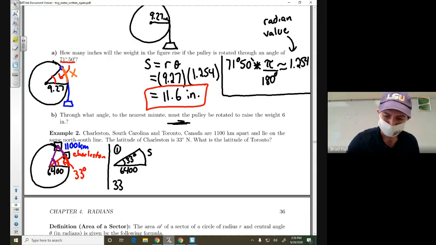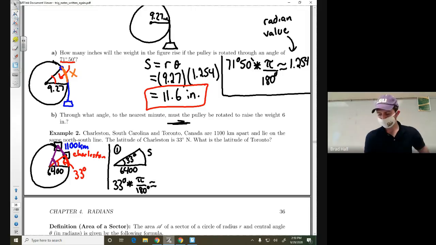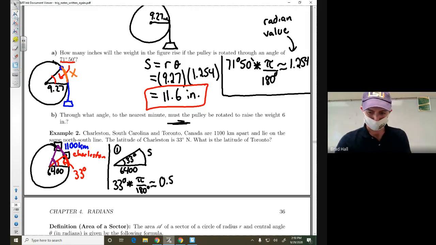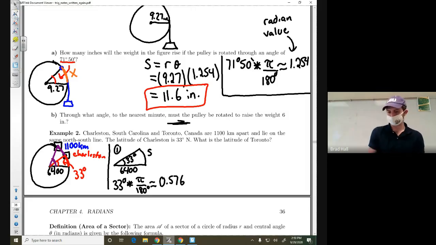So we have to convert 33 degrees to radians, which means we have to multiply by pi over 180 degrees. And this is another application problem. We can go ahead and just figure out the decimal version. And you should get something that looks like 0.576. Good enough.